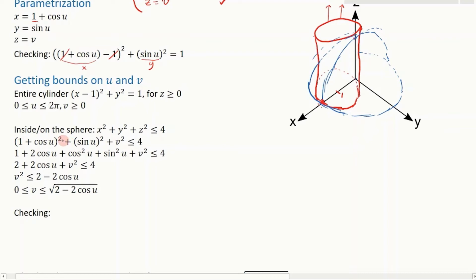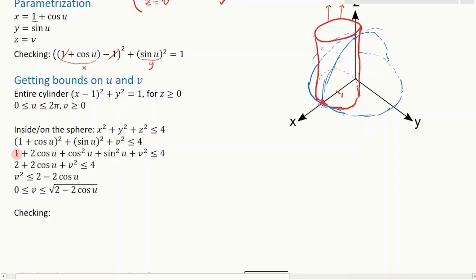Now let's figure out what it means for u and v. I plugged in x equal to 1 plus cosine u, y equals sine u, and z equals v, and I got (1 plus cosine u) squared plus sine squared u plus v squared less than or equal to 4.